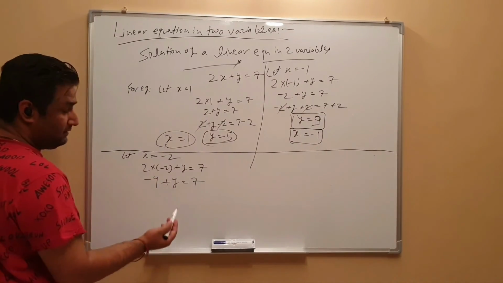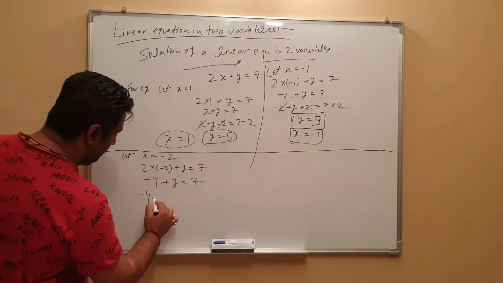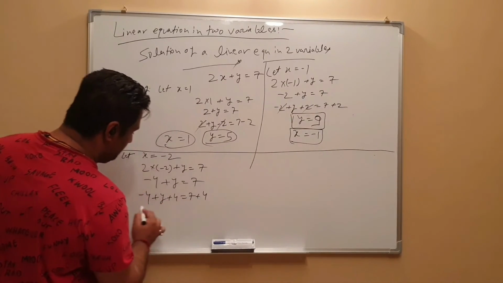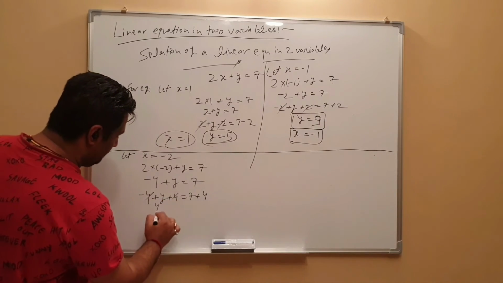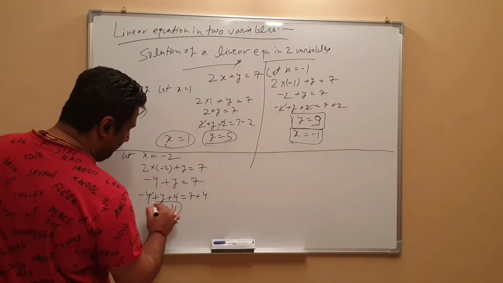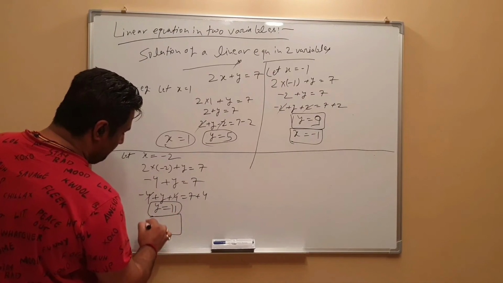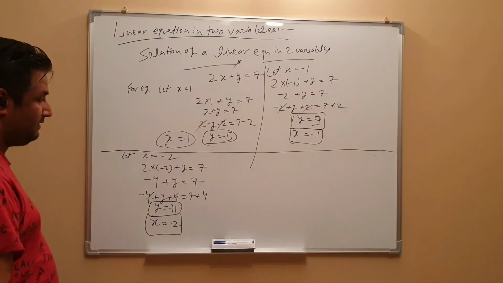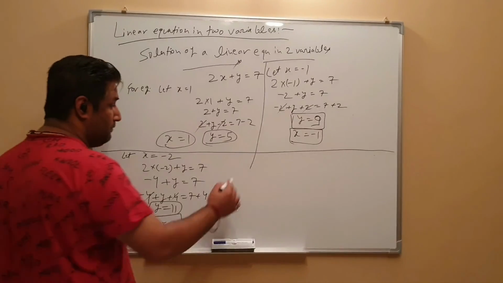Now we have to get rid of this negative 4, so we will add 4 on both sides. Once we add it, this gets cancelled, and 7 plus 4 is 11. So one more solution is y equals 11 and x equals negative 2.